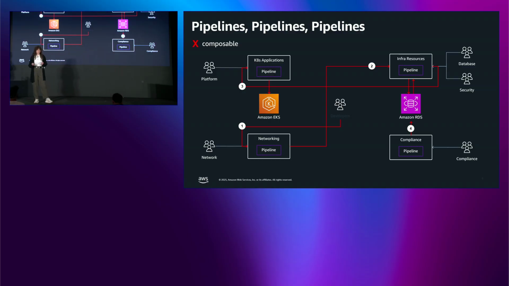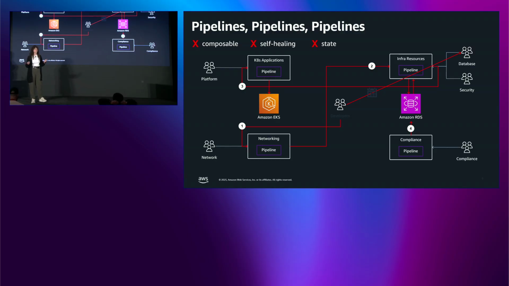So if we summarize it, pipelines are not composable, right? I need to connect between the different components. They are not self-healing. Once the compliance pipeline deleted my RDS, nothing will launch it again. I need to do it by myself. And they are not keeping the state, right? Where is the state?